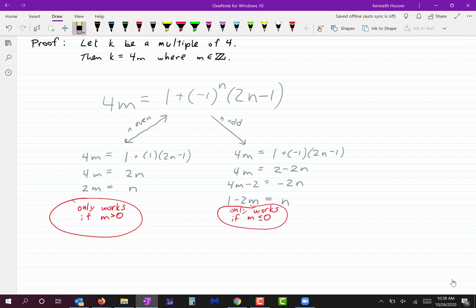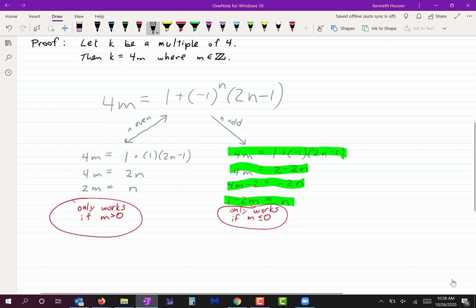We'll say let n equal this, then this will be true, then this will be true, then this will be true. Okay?